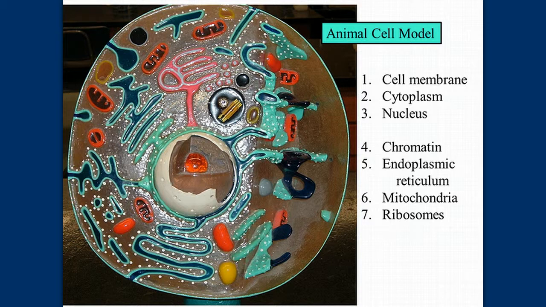It is more involved in lipid or fat synthesis and other things. So endoplasmic reticulum, rough and smooth, ribosomes for protein synthesis, mitochondria for cellular respiration where we're making ATP, that currency for energy, the nucleus with the chromatin, the chromosomes that condense. The chromatin condenses into chromosomes when the cell is beginning to divide, genetic material, DNA.